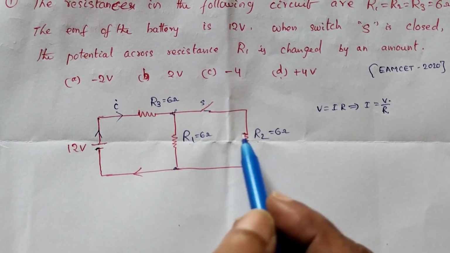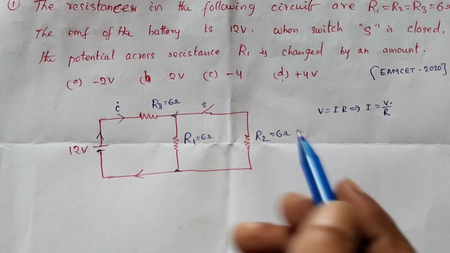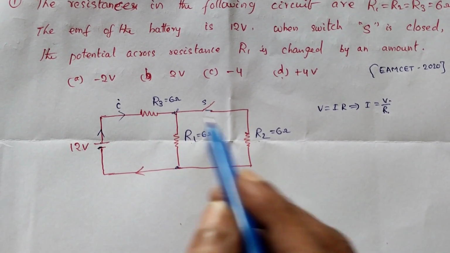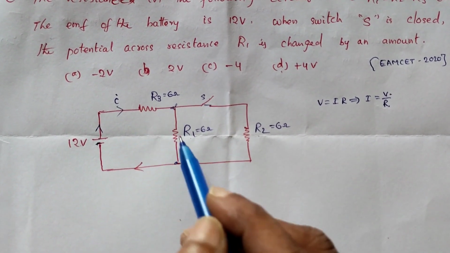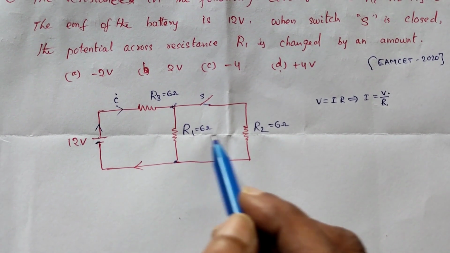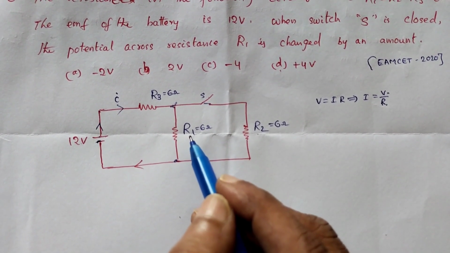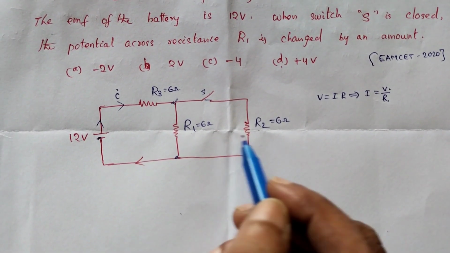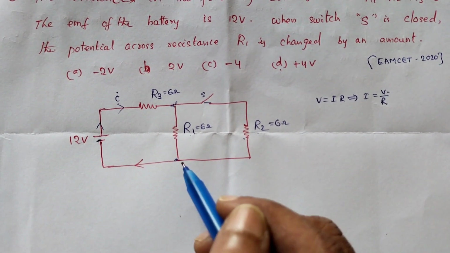So the resultant of these three resistors, that is R, the resultant resistance. Let us find out that resultant resistance. First of all, R1 and R2, these two are in parallel.